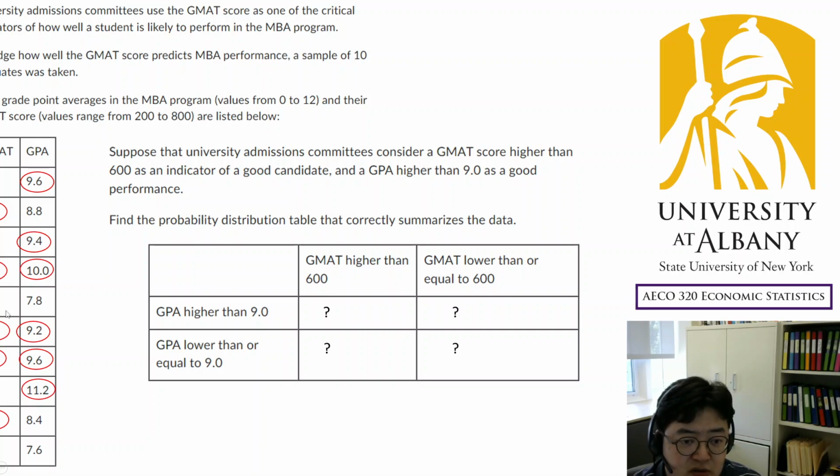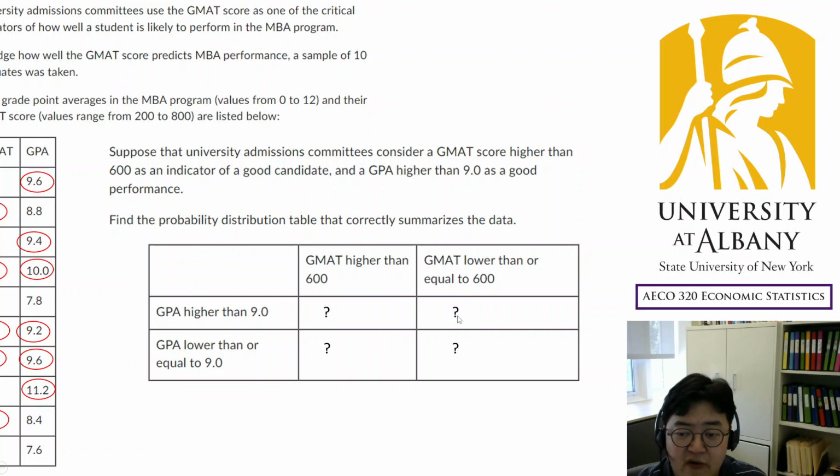There are 1, 2, 3 observations coming into this entry out of 1, 2, 3, 4, 5, 6, 7, 8, 9, 10. So the total number of observations is 10. Out of 10, you have 3 observations satisfying this type, right? So probability should be 30%, 3 out of 10.